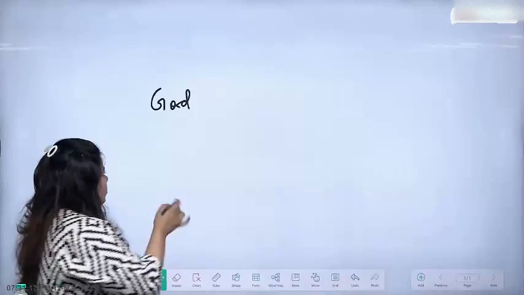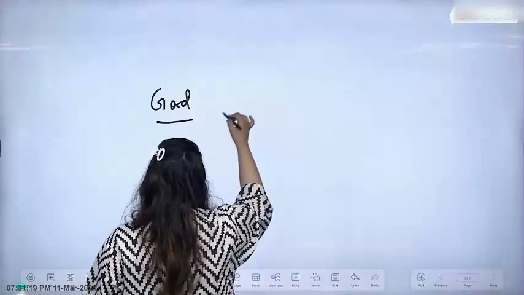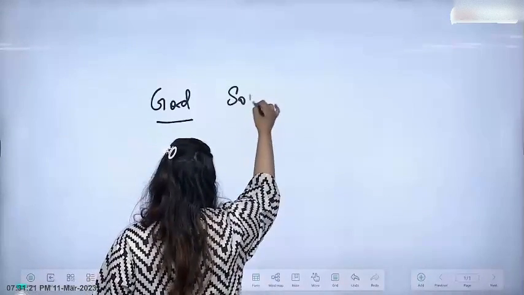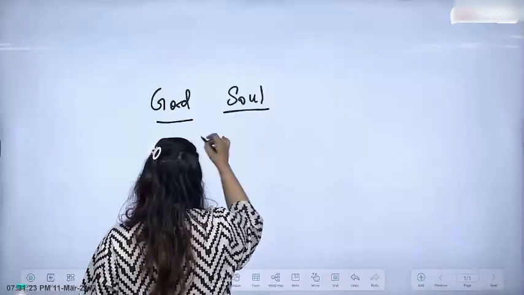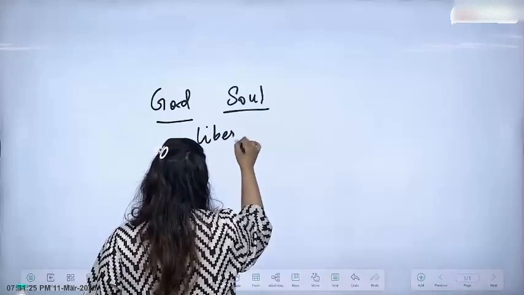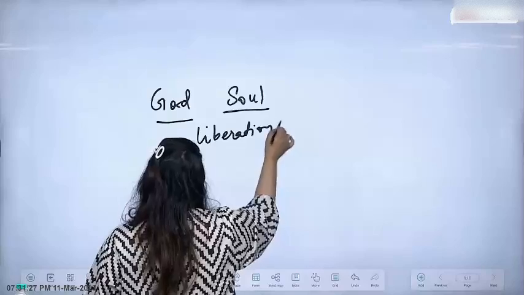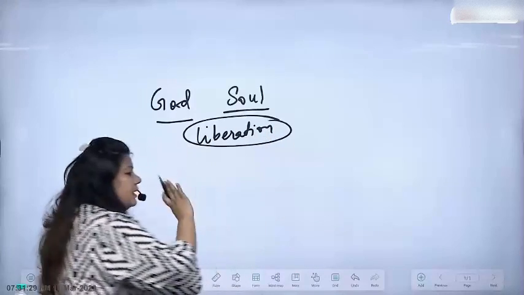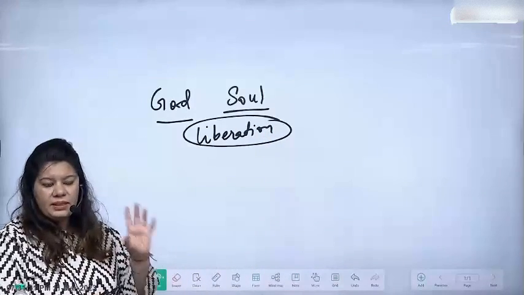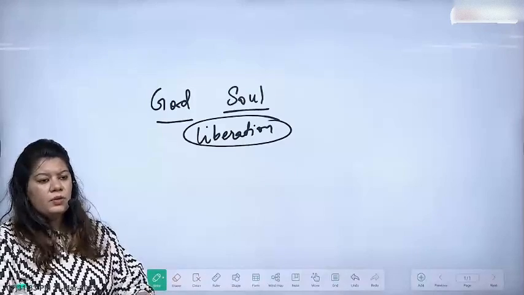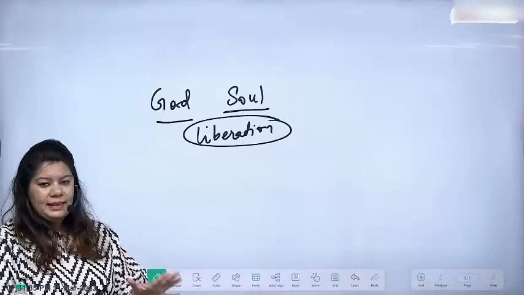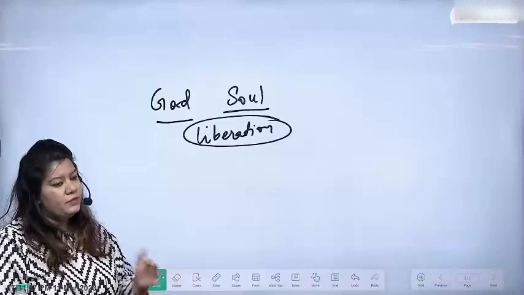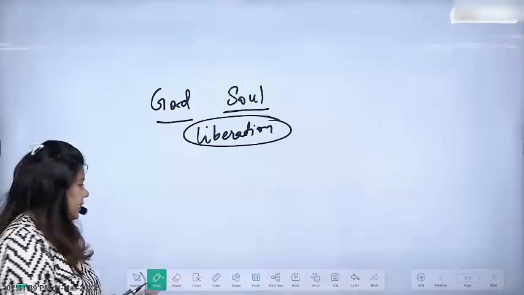So there are 2-3 things you have to keep in mind: God, soul, and the concept of liberation. If you understand these philosophies from these 3 perspectives, you will be able to at least mark questions if they come from this topic. Okay?